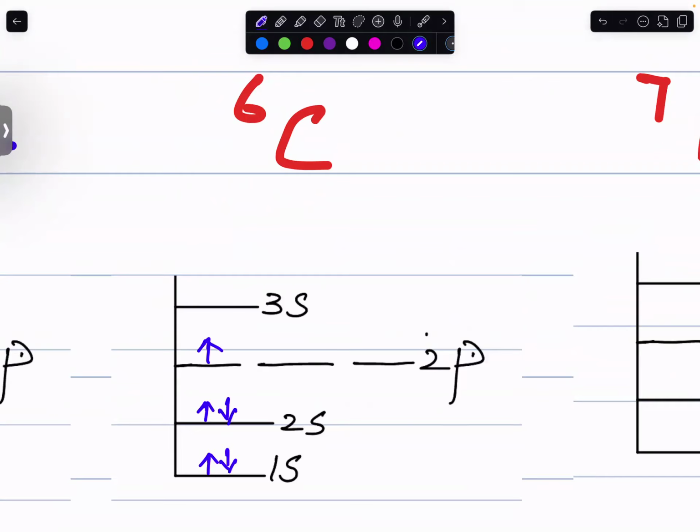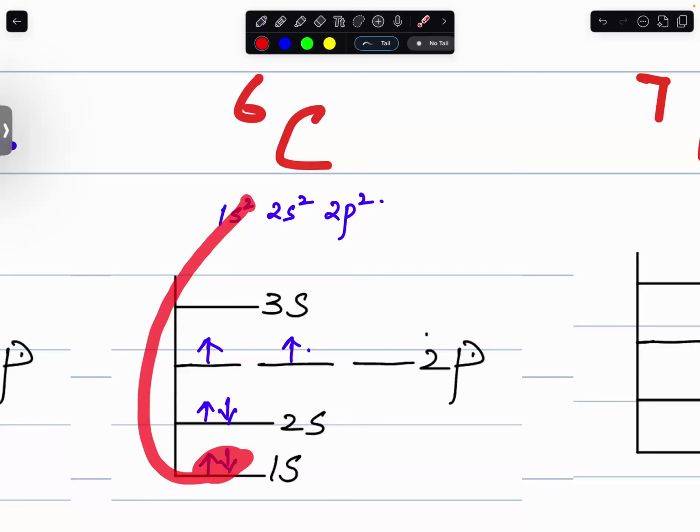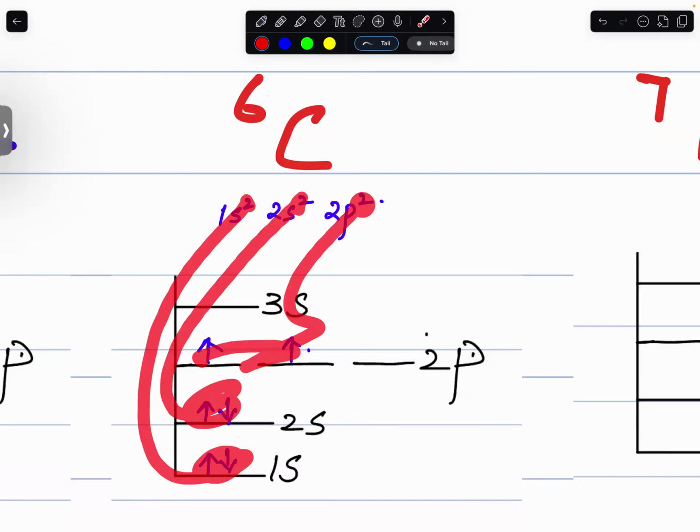There are 2p2. The two electrons are separate because they have space. But how will you write this? 1s2, 2s2, and 2p2. Right? Look, 1s2, 2s2, and 2p2.